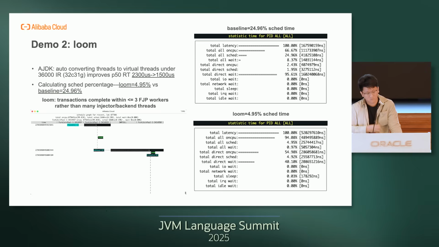The tool shows that Loom is using less than 5% of scheduling time, and the baseline is using almost 25% of scheduling time. The reason Loom is able to achieve that is that the transactions actually complete within around 3 ForkJoinPool workers, rather than many injectors or backends like I showed before.